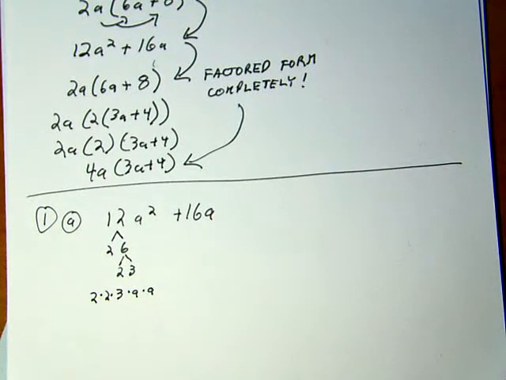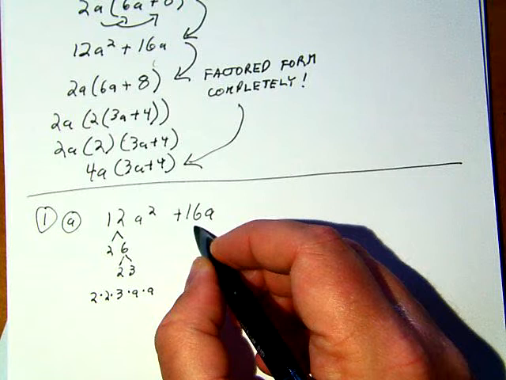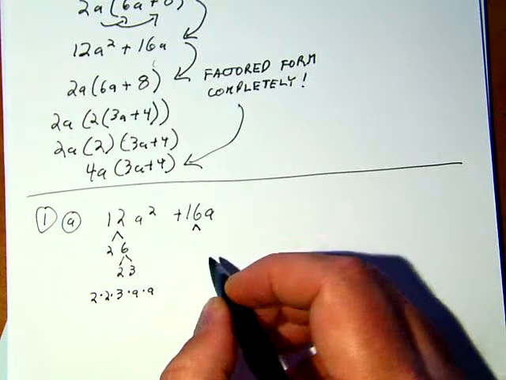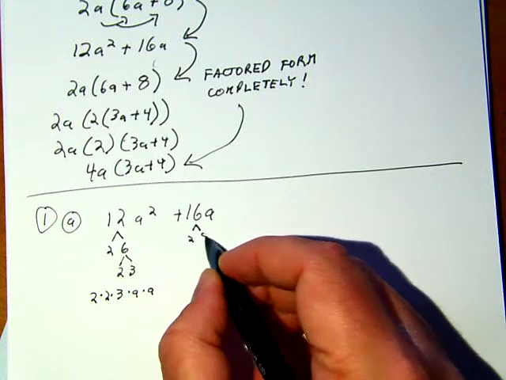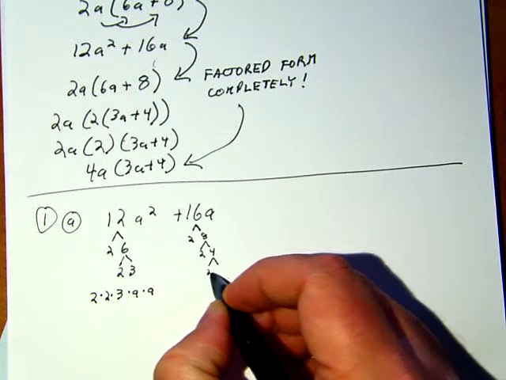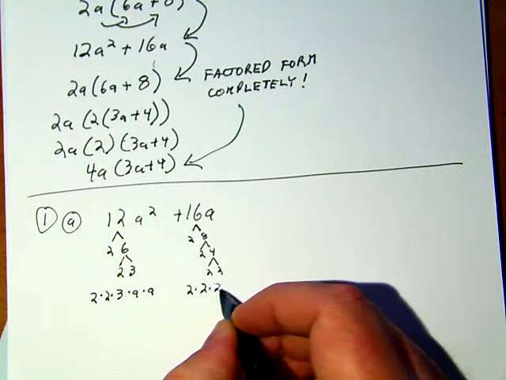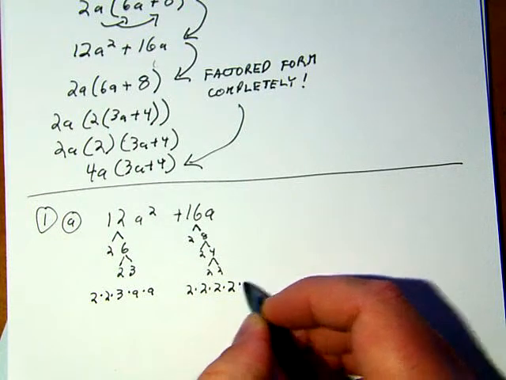Now I've factored 12a squared completely. Now let's do the other monomial in my binomial. 16, I'll go 2 and 8, 2 and 4, and then 2 and 2. So this number is 2 times 2 times 2 times 2 times the variable a.